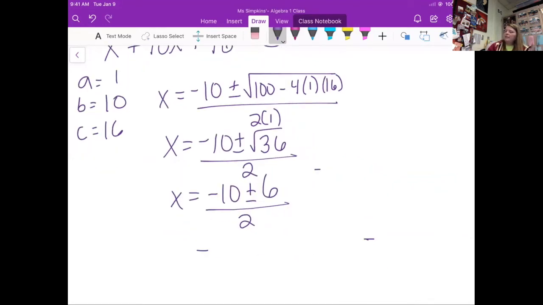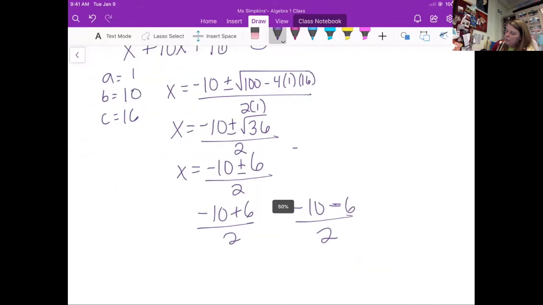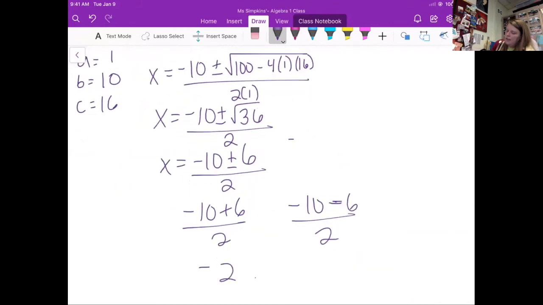So I have -10 plus 6 divided by 2, and I have -10 minus 6 divided by 2. Negative 10 plus 6 is negative 4, divided by 2 is negative 2. Negative 10 minus 6 is negative 16, divided by 2 is negative 8. So negative 2.